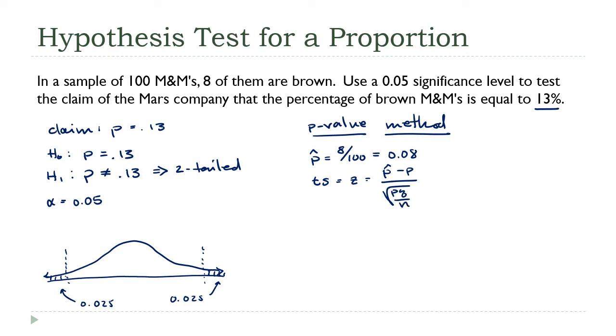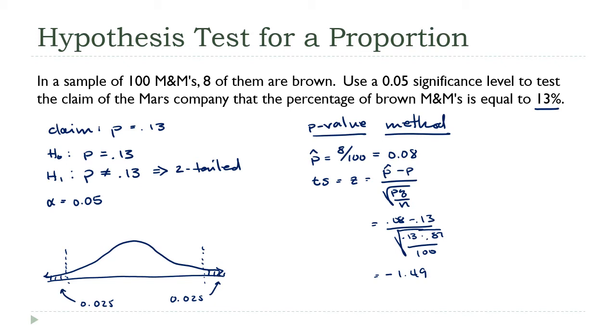Let's put some numbers in here. This is 0.08 minus 0.13 over the square root of 0.13 times q, which is 1 minus p, so that's 0.87, over 100. And that is negative 1.49.